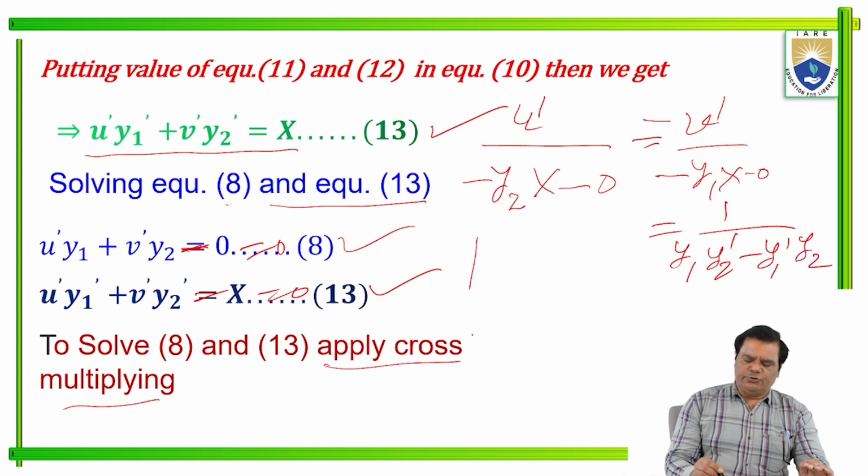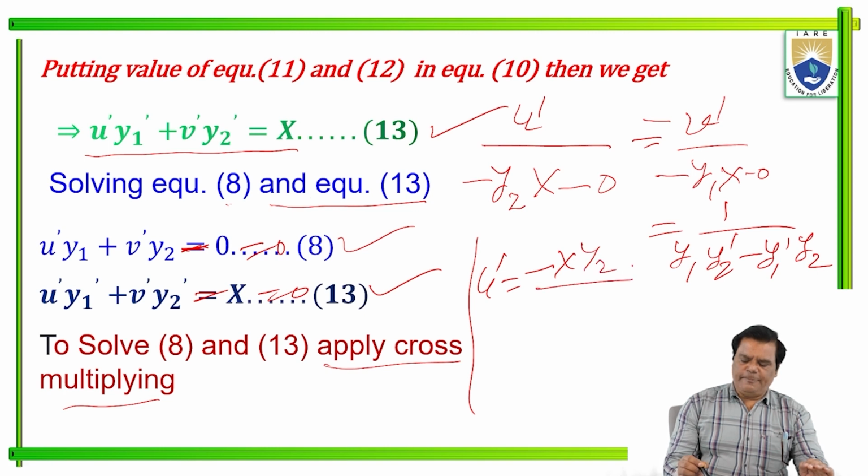So u dash is equal to minus x y2 upon y1 y2 dash minus y1 dash y2.